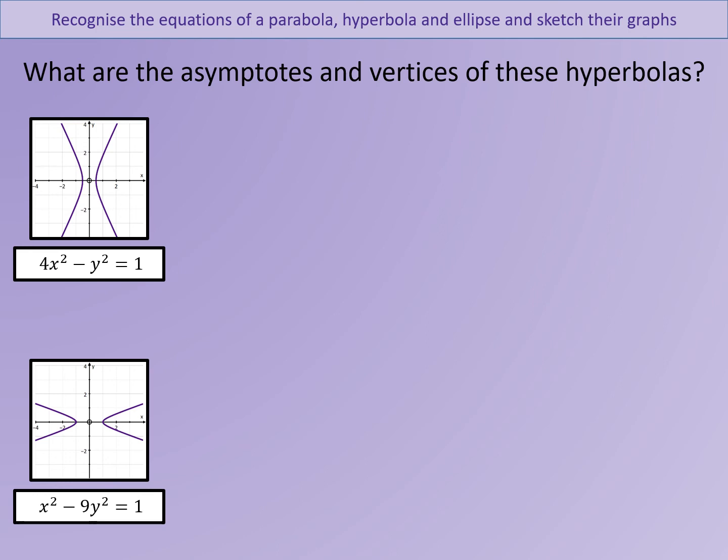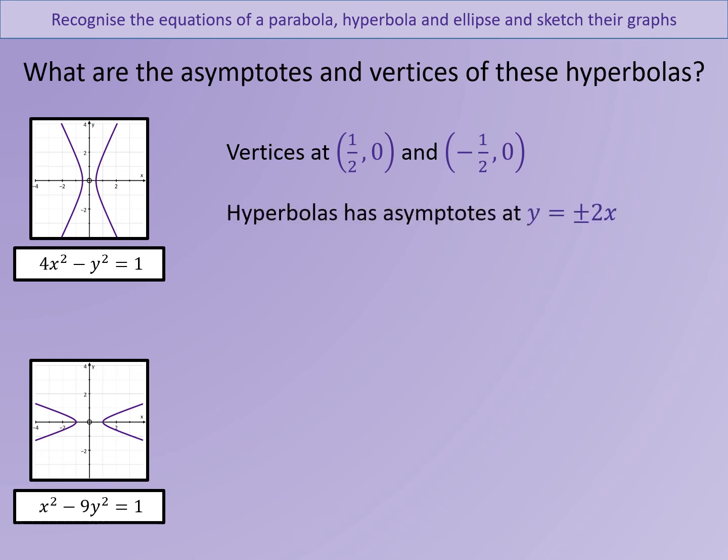Now pause the slide and work out the asymptotes and vertices of each of these hyperbolas. So the first one has vertices at (1/2, 0) and (minus 1/2, 0), and the asymptotes are y equals plus and minus 2x.